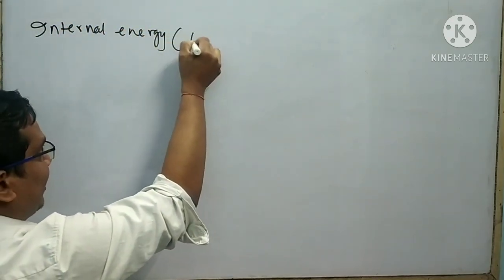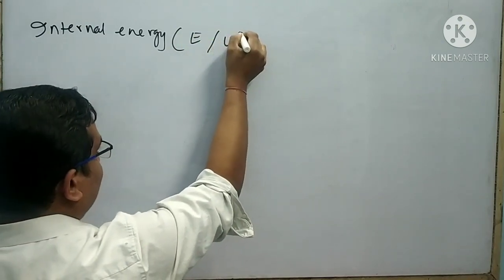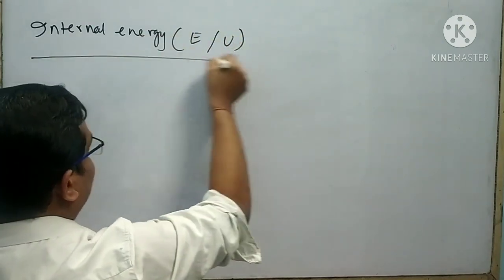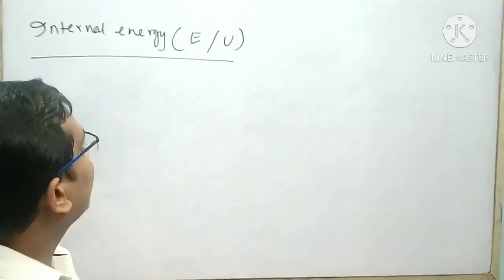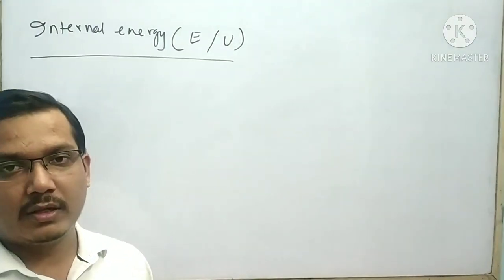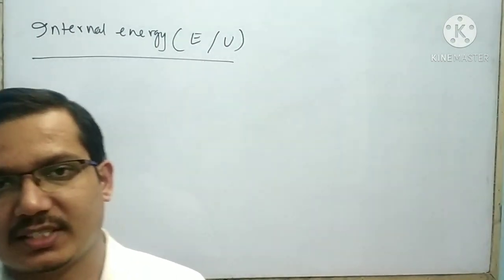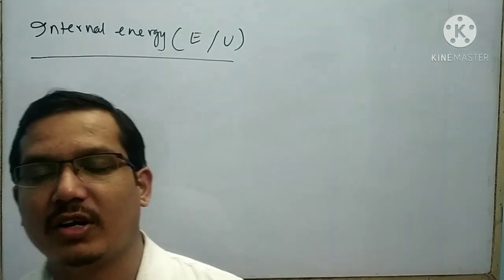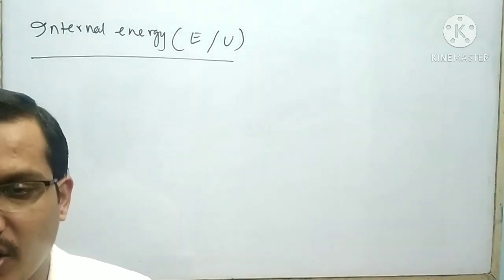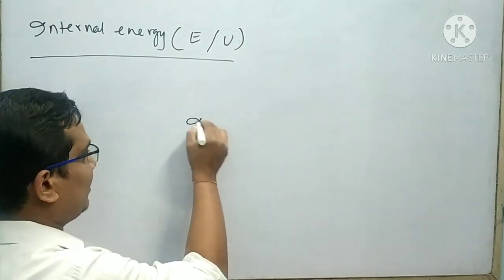It is denoted by capital E or also denoted by U. What is the meaning of internal energy? The total energy stored in a system under a given set of conditions is called its internal energy or intrinsic energy.